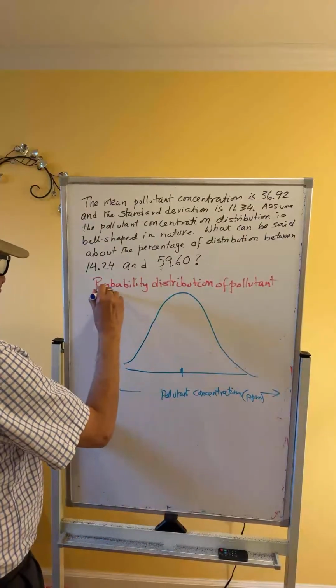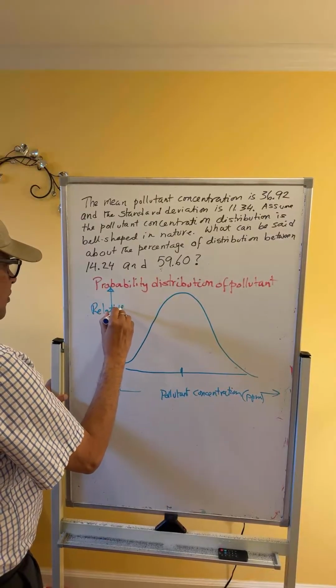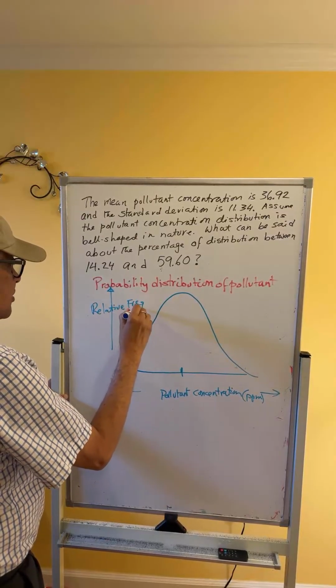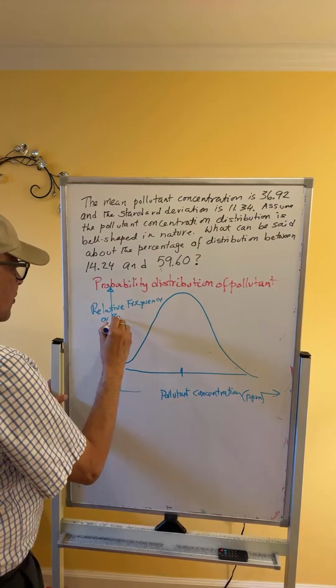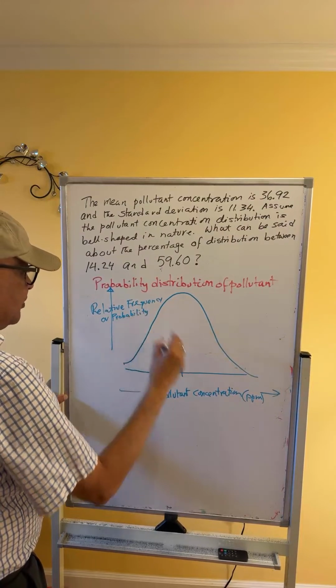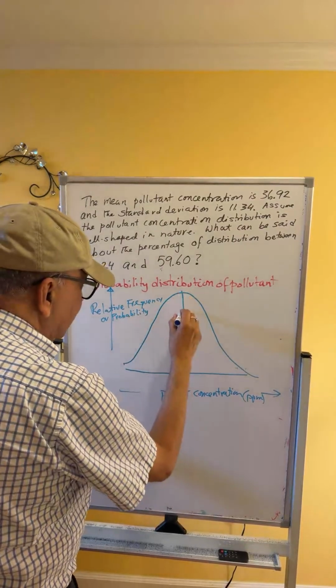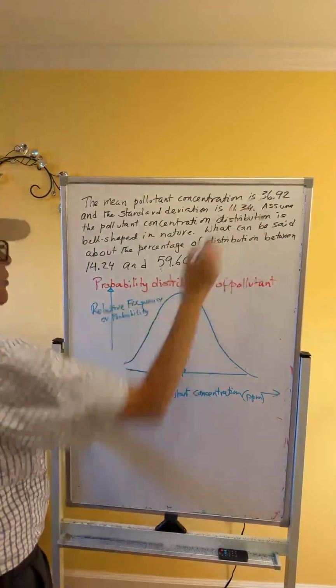On the vertical axis we have relative frequency or probability.